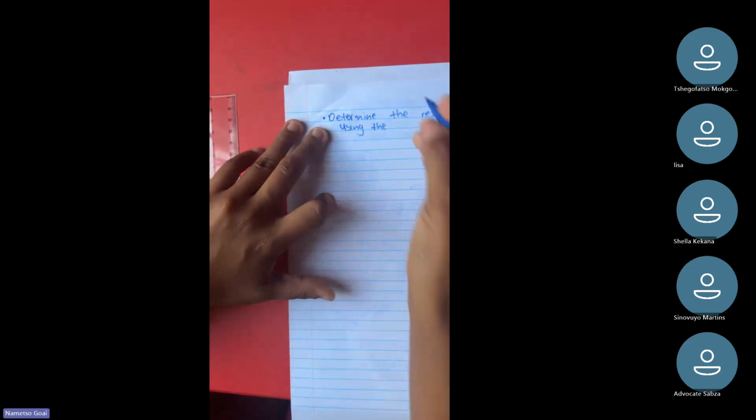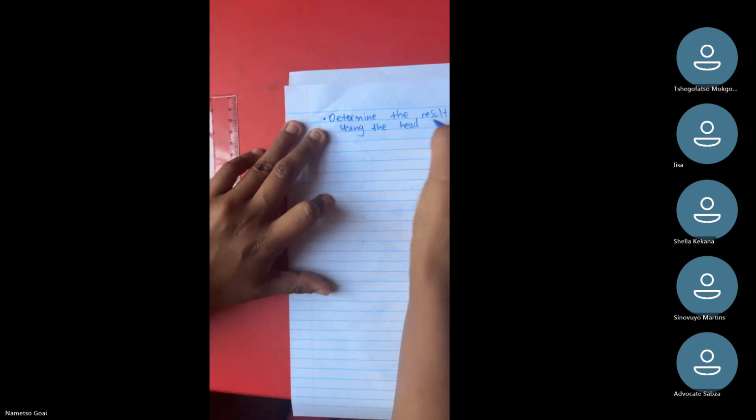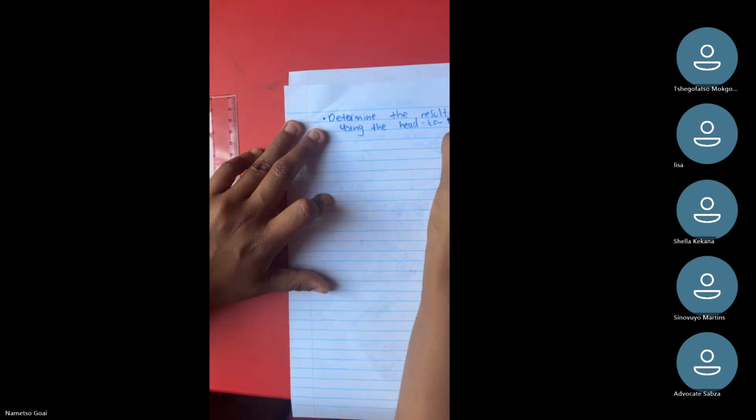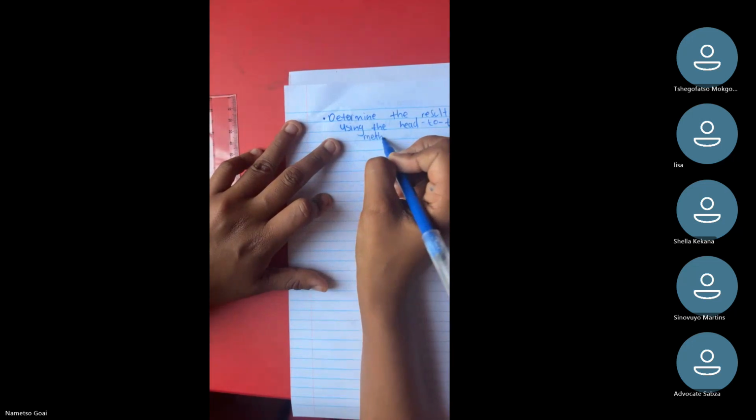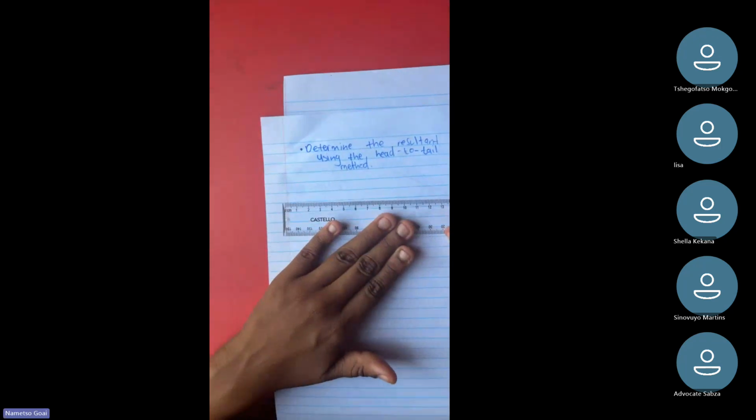Using the head to tail method. Right, so let's say we have these forces acting along its axis.